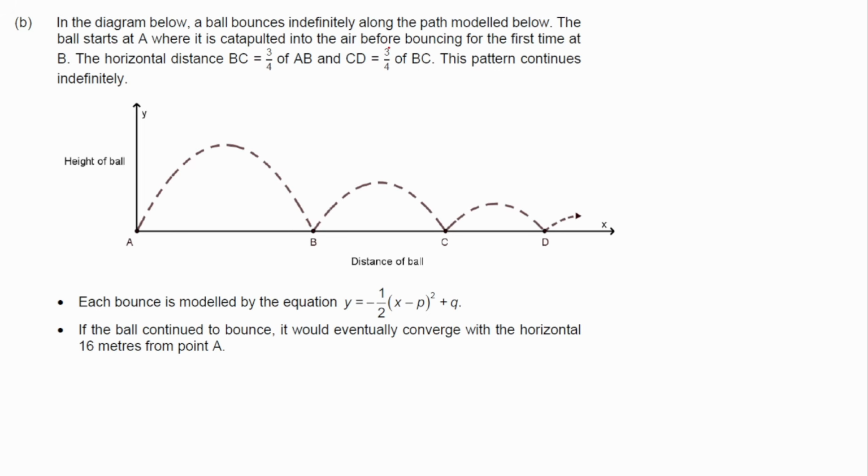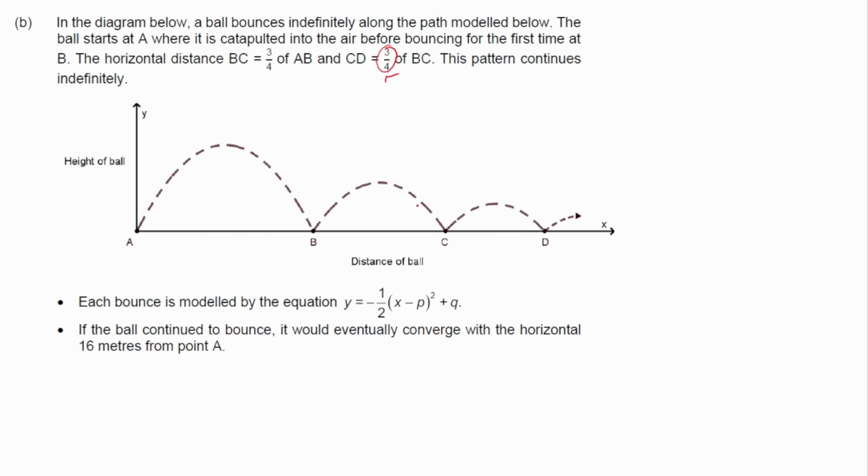So here we can see that we have a geometric series, where this is our common ratio. And we also know that each bounce is modeled by this equation for a parabola. And we can see that these are parabolas.